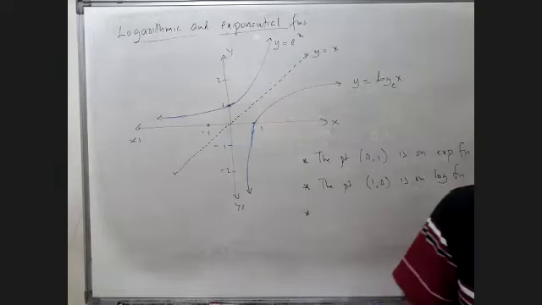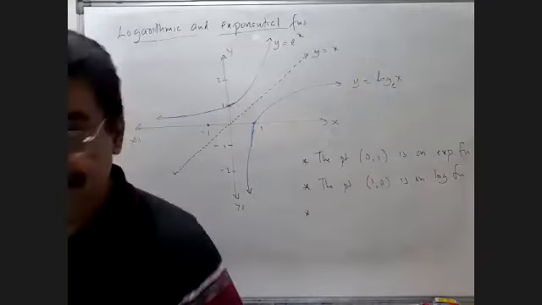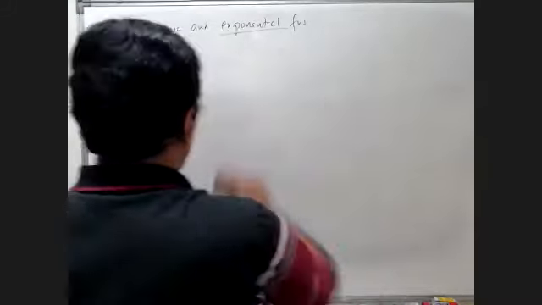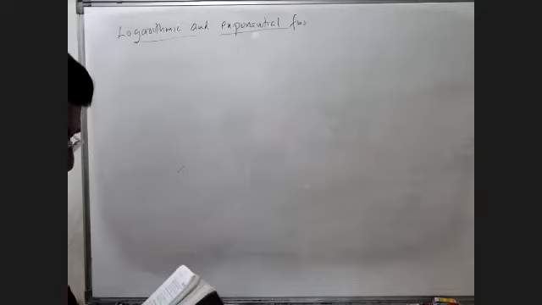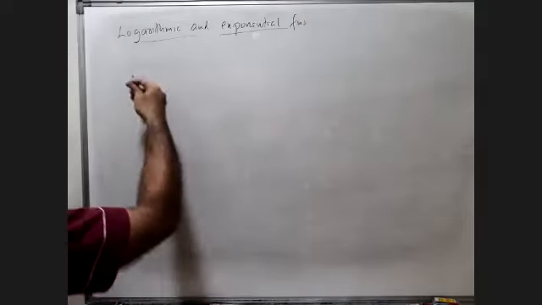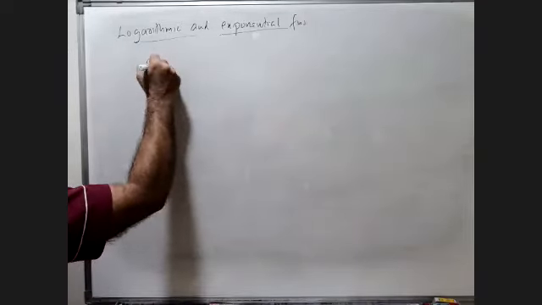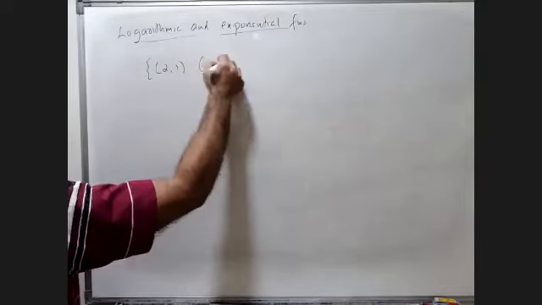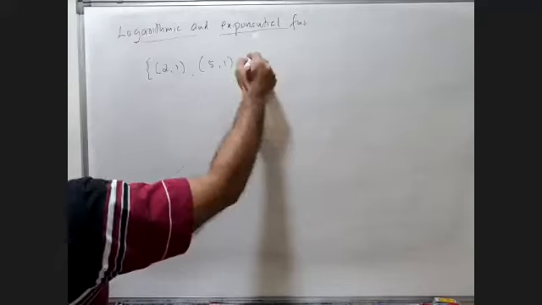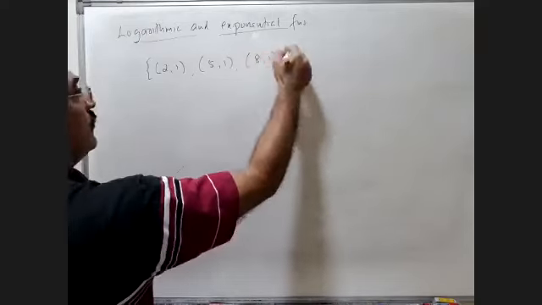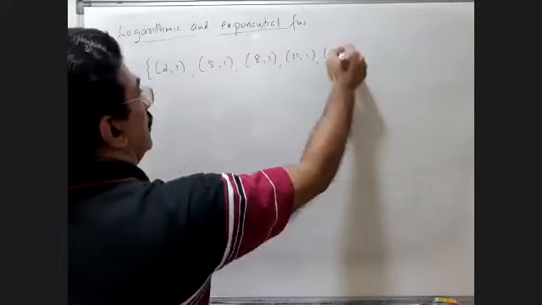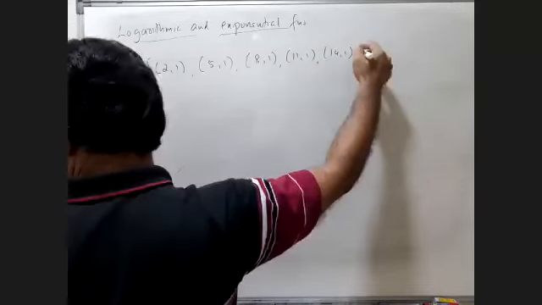See the first one, 2.3 first question. We have (2, 1), (5, 1), (8, 1), (11, 1), (14, 1), (17, 1).